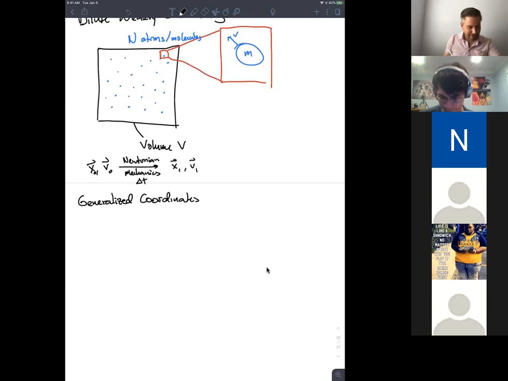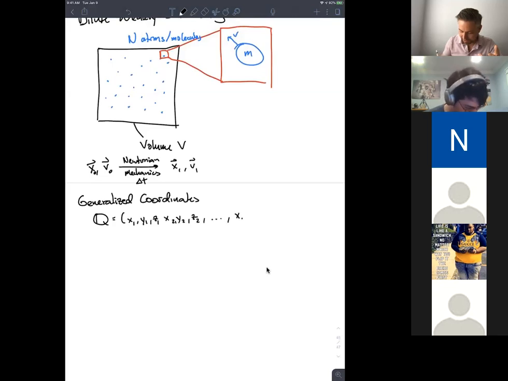I'm going to define a variable called big fancy Q, which I will write like this. And big fancy Q is simply going to be the generalized coordinates of every single atom or molecule in my box. So for example, if I have N atoms in my box, then this big Q is just going to be the collection of, in Cartesian coordinates, x1, y1, z1, x2, y2, z2, and so forth, up to xn, yn, zn.